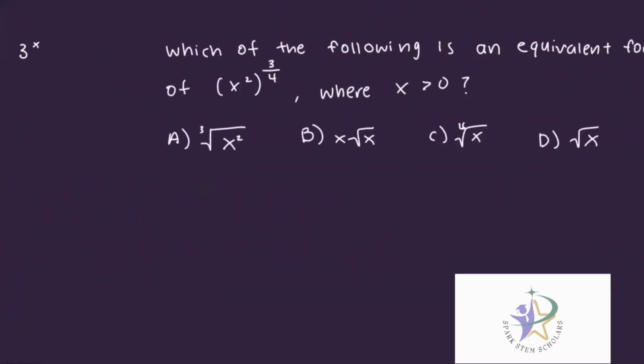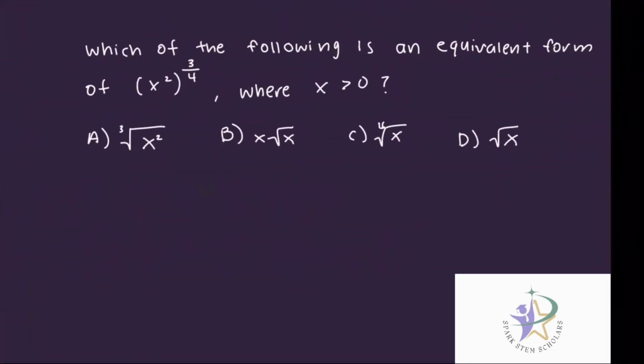Let's try this one: which of the following is the equivalent form of x squared to the 3/4 power, where x is greater than 0? You can pause the video and try this yourself. So let's write out our expression.